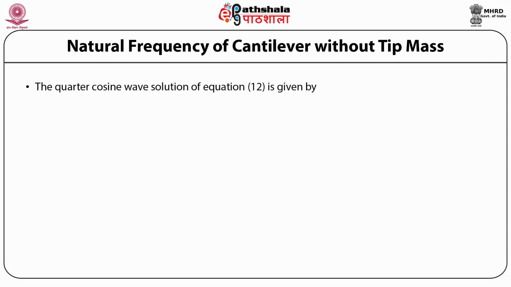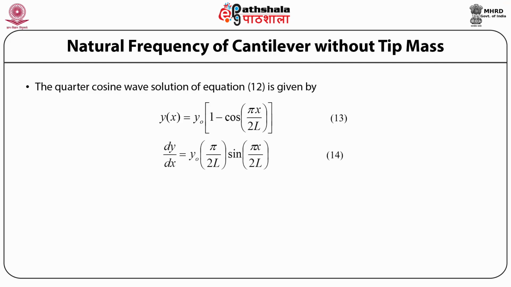The quarter cosine wave solution of the equation is given as y(x) is equal to y naught times (1 minus cos of pi x by 2L). So the first derivative of the above equation becomes dy by dx is equal to y naught pi by 2L times sine of pi x by 2L.